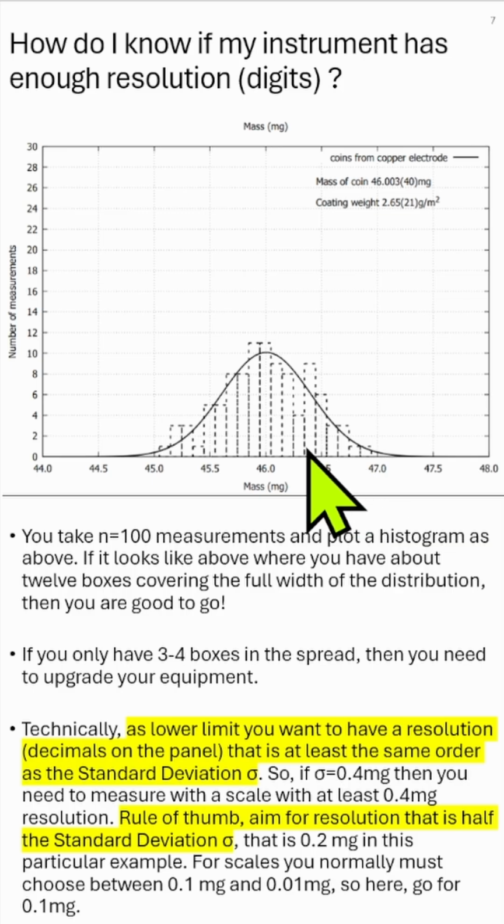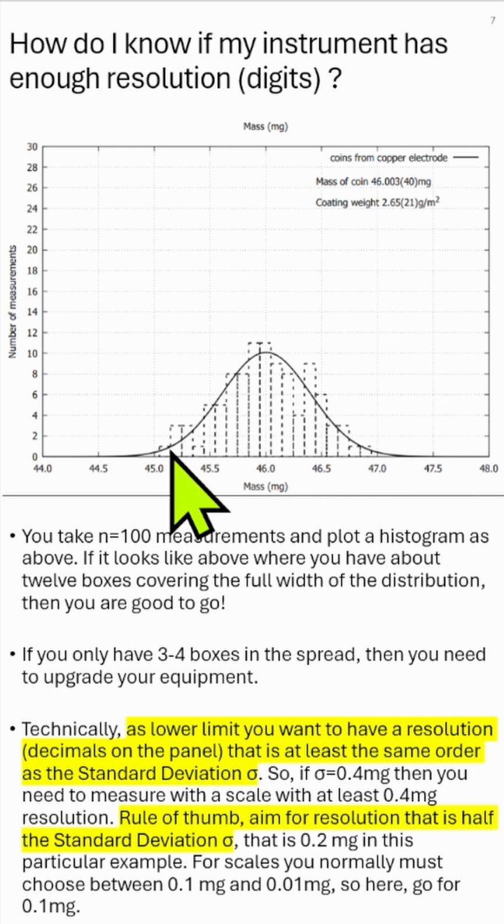If you take 100 measurements and create this kind of histogram, you see that they tend to align themselves in a symmetrical way, around what we call the mean value, right? And that solid black line there is what we call a bell-shaped curve.